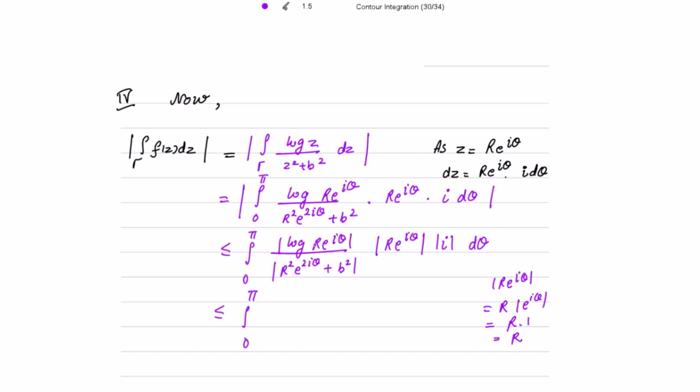Because log is there, log of AB is log of A plus log of B. So this is log of r plus log of e^(iθ), which is θ, over r² minus b², and this is r, this is 1, and this is θ.